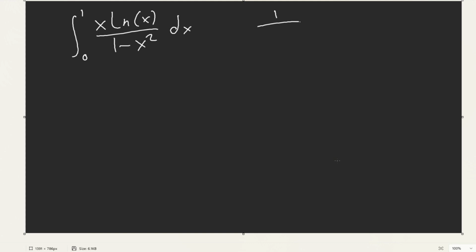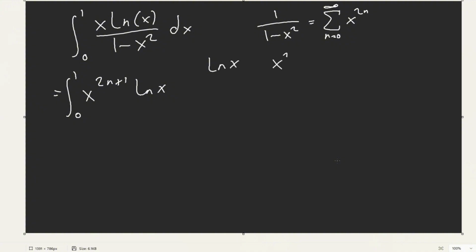When you're speed integrating, try to simplify as much. Don't overcomplicate things. So we have x to the power of 2n. Right. So what we have is x to 2n plus 1 ln of x. Okay. So add ln of x, 2n plus 1 here, 2n plus 2 over 2n plus 2 here.